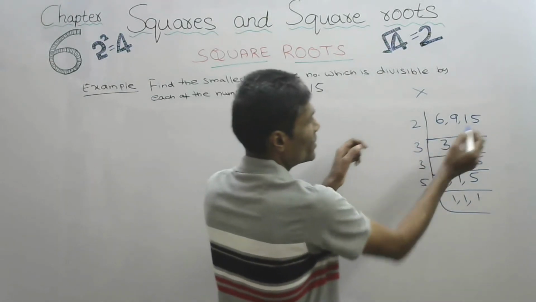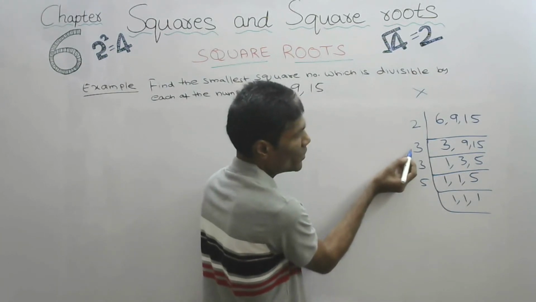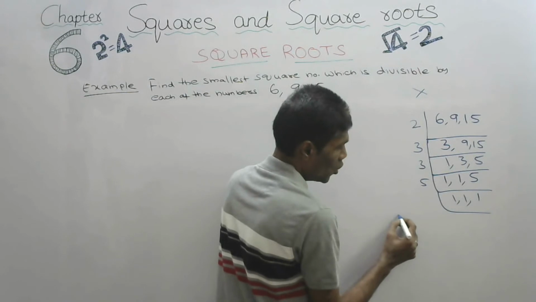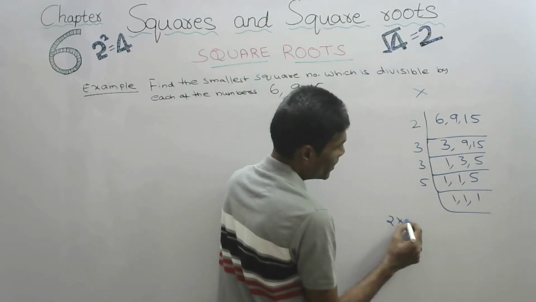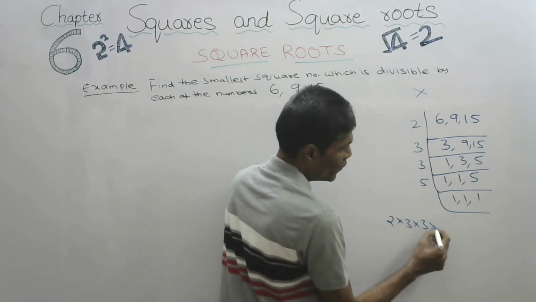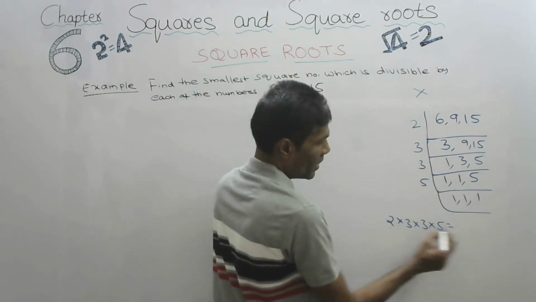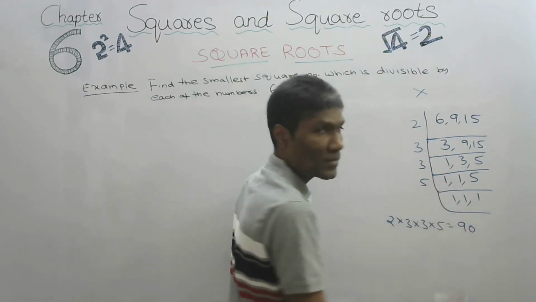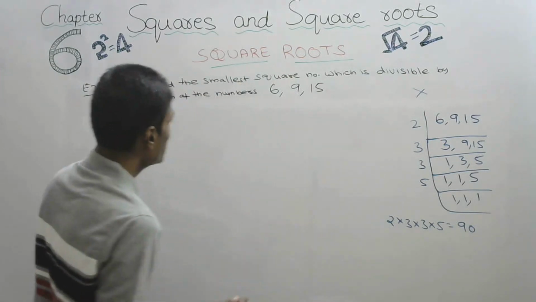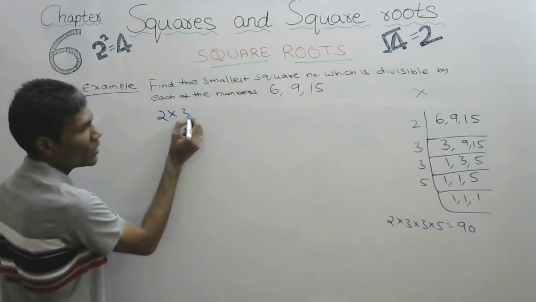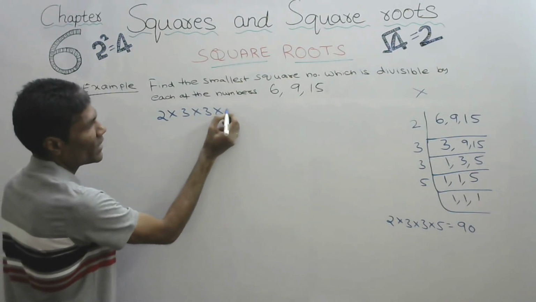So these numbers are 2, 3, 3, 5. Let us multiply all these numbers. 2 into 3 into 3 into 5. So we got 90. This can be written as 2 into 3 into 3 into 5.